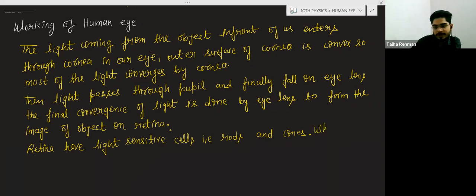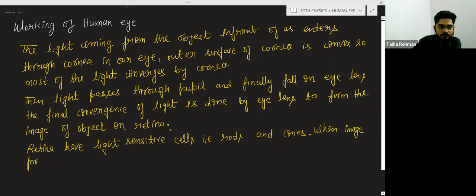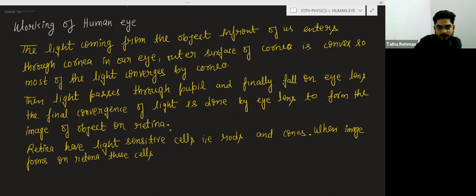So you can write here: when an image forms on the retina, these cells get activated and generate electrical signals.